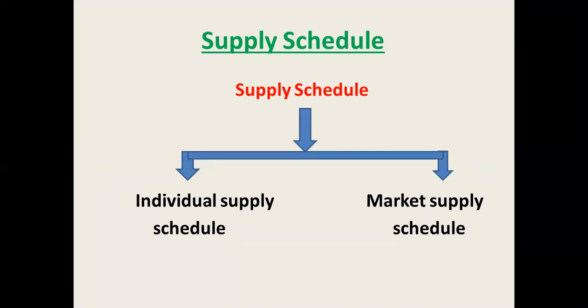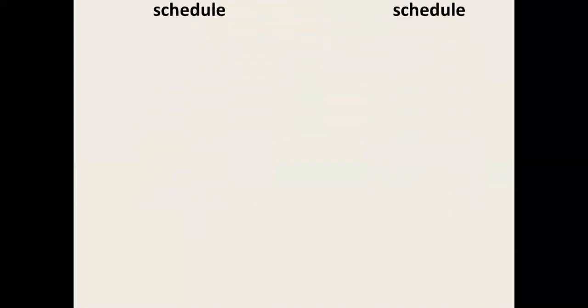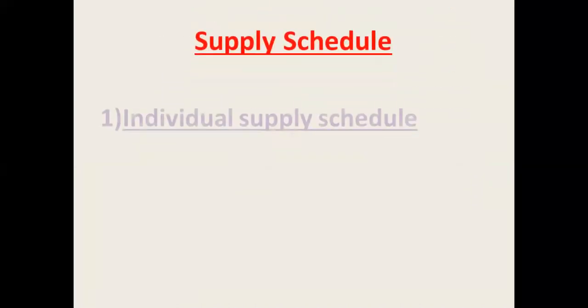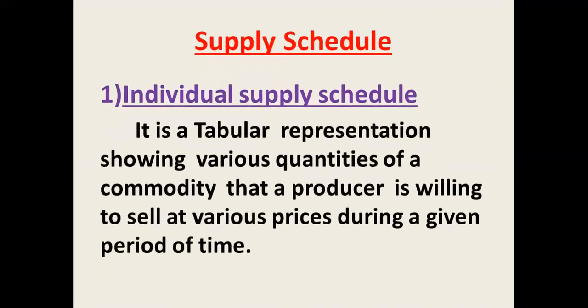So let's discuss the individual supply schedule. The individual supply schedule refers to a tabular representation showing various quantities of a commodity that a producer is willing to sell at various prices during a given period of time. Two things are most important for the individual supply schedule.